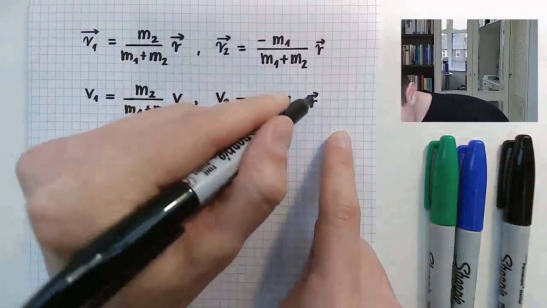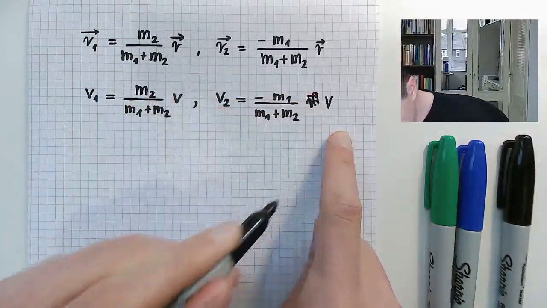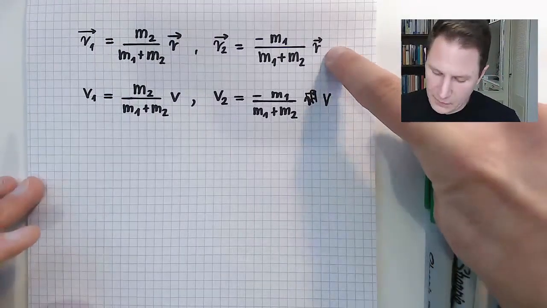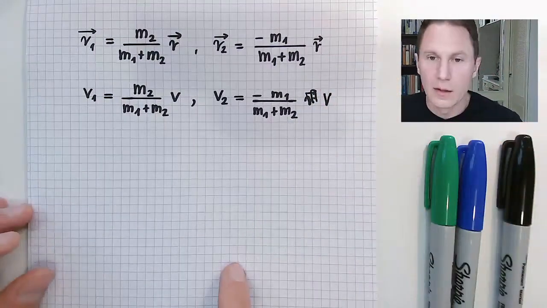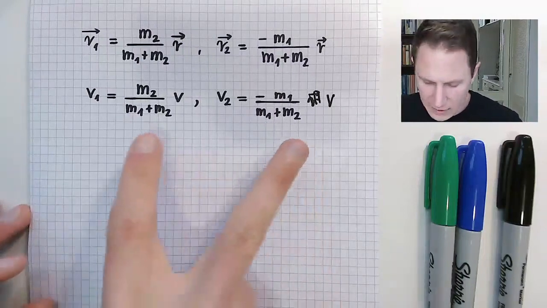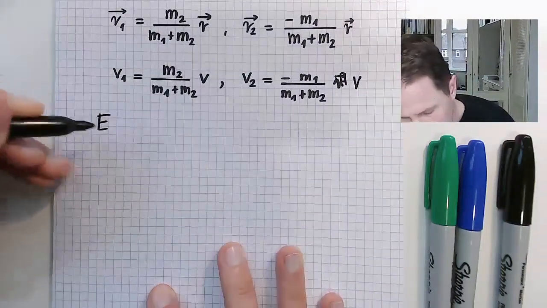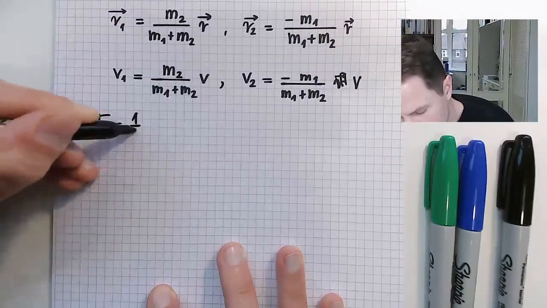Okay, so this right here is actually v, the speed of this vector r. Now we have these relations, and what I want us to compute is the kinetic energy.